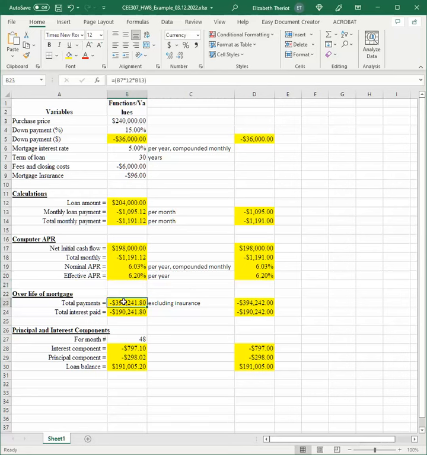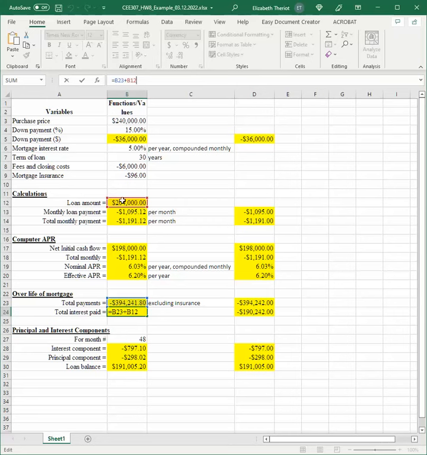Total monthly payments over the life of the mortgage, excluding insurance, is going to be the term of the loan, B7, times 12 times your monthly payment of B13, which will get you that number over here. Total interest paid would be the total payment minus the loan amount.